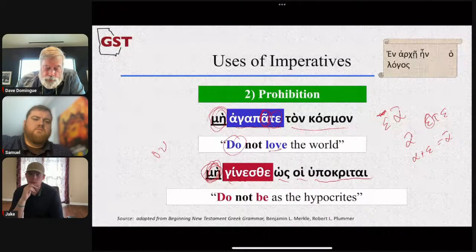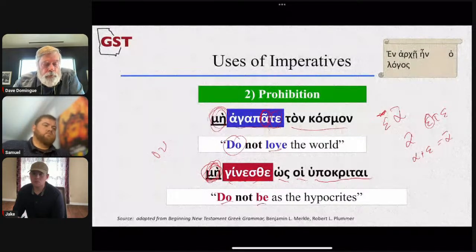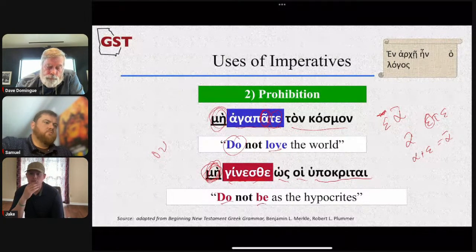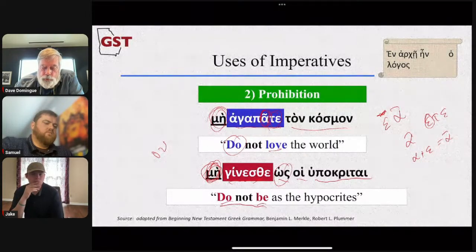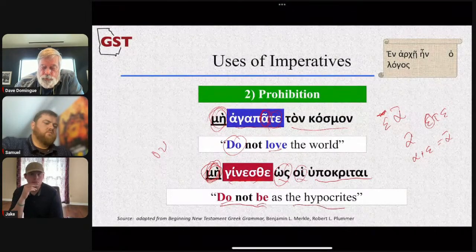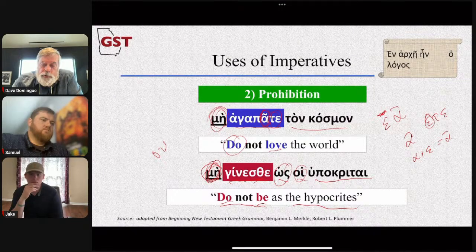There's our not, and there's "do be," right, from ginomai. So, do not be like the hypocrites, there's our plural. Any thoughts or questions so far?